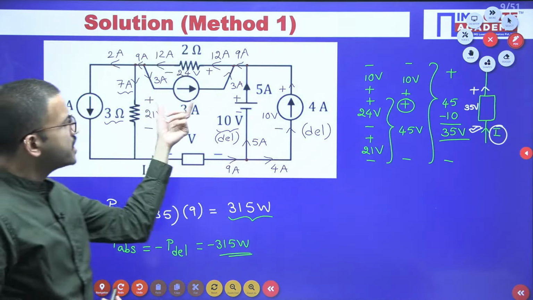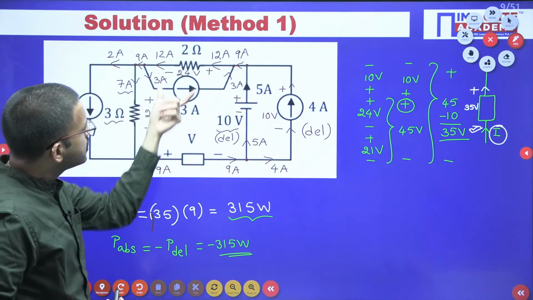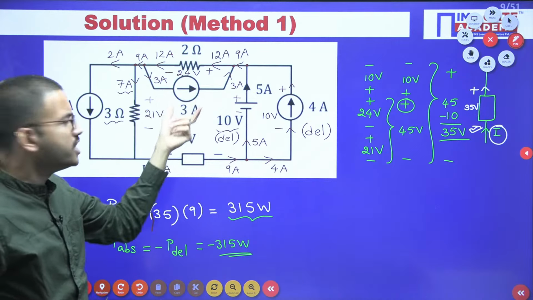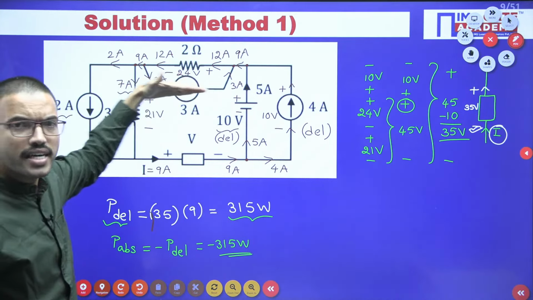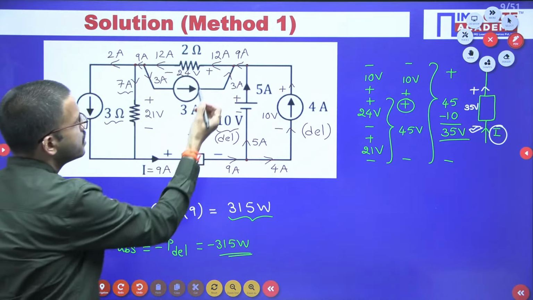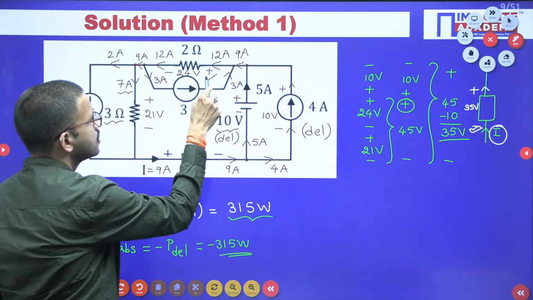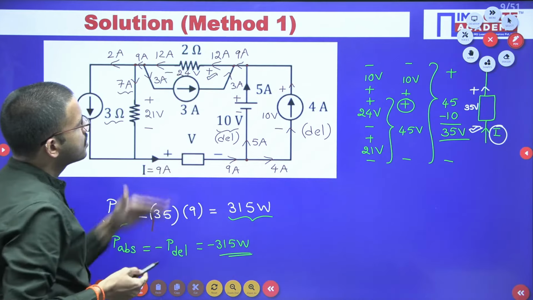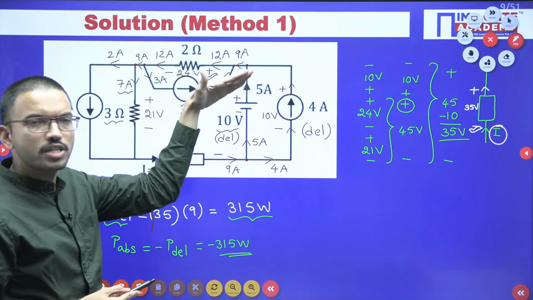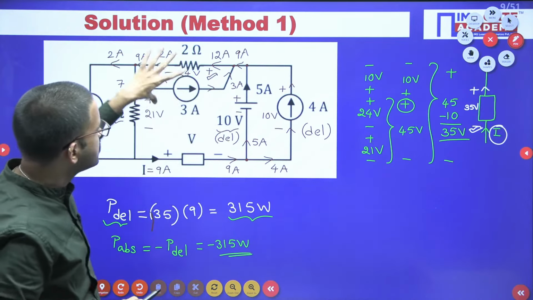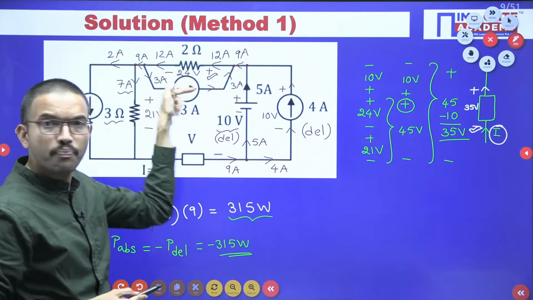Now let us focus on this 3 ampere current source. These two are connected in parallel, so the same voltage. The arrow direction and current direction are like this, and if you carefully observe, the voltage polarities are plus minus 24. Current leaves from the positive terminal, so it is also a source, just like the others.